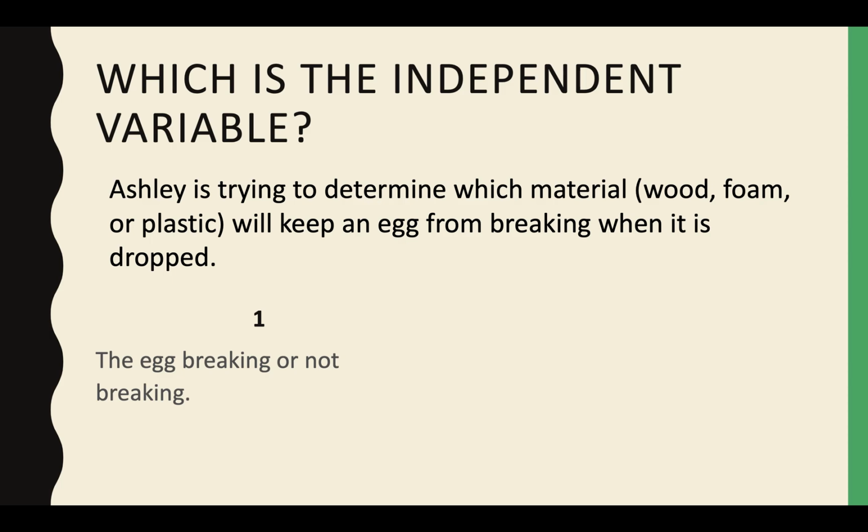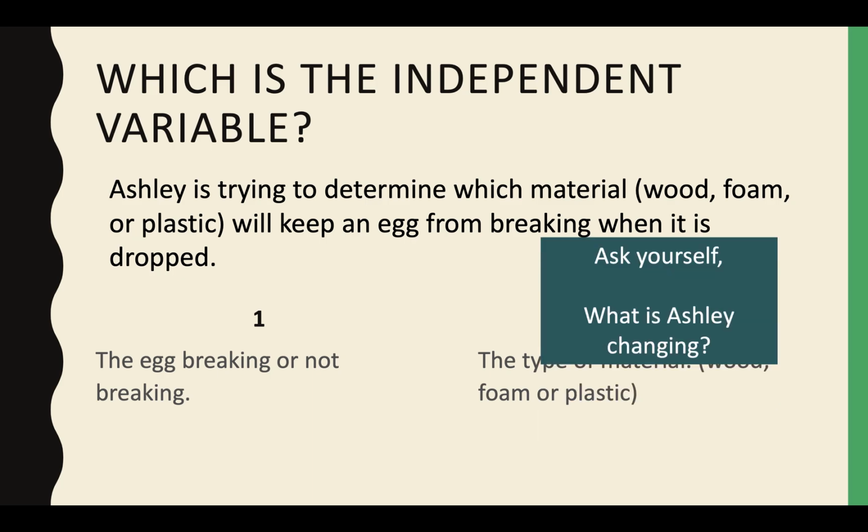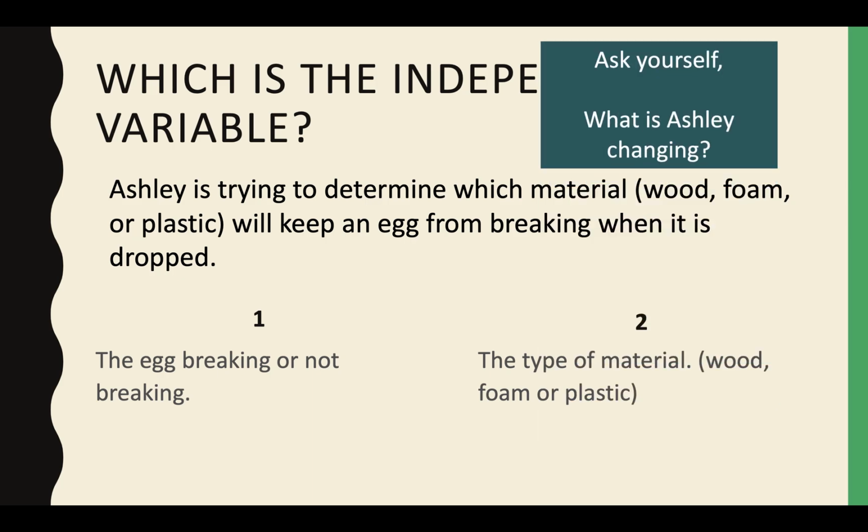The egg breaking or not breaking. Or 2. The type of material, wood, foam, or plastic. Which of these two is the independent variable? Ask yourself, what is Ashley changing? Is Ashley changing whether the egg will break or not? Or is Ashley changing the type of material?